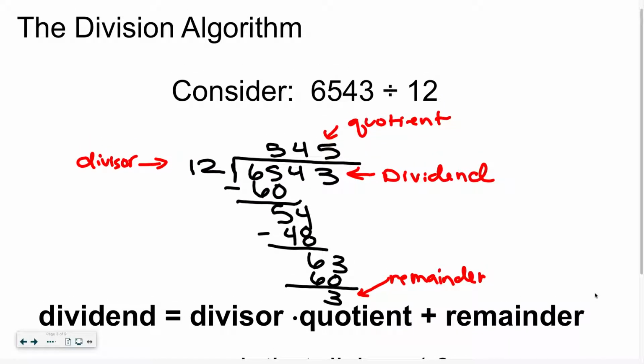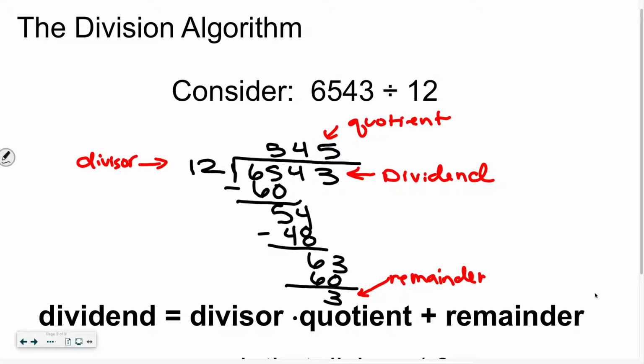and you can ignore the bottom parts here, the dividend is equal to the divisor times the quotient plus the remainder. That's what's happening in these numbers. So I'm going to put them in the numbers.